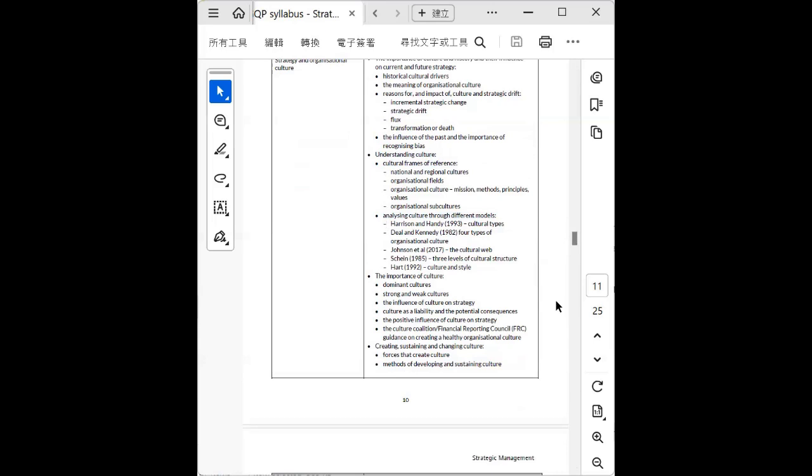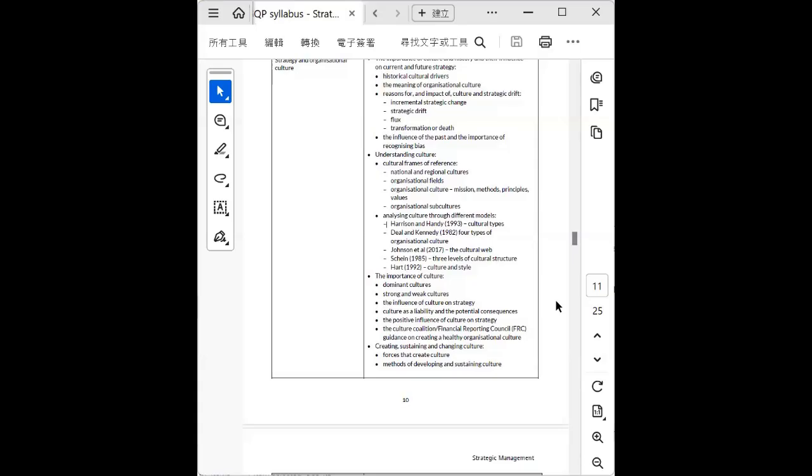Obviously, you have to be familiar with the different models because the different models introduce several perspectives for understanding the organization culture, and you have to learn this by heart, so that you can apply it to the scenario. Now, let's have a very brief and quick review of what these different culture types are.